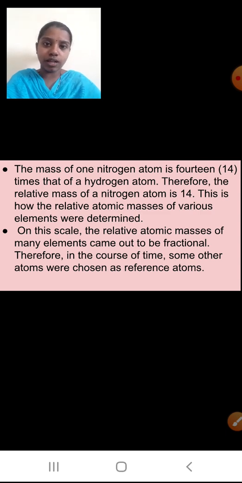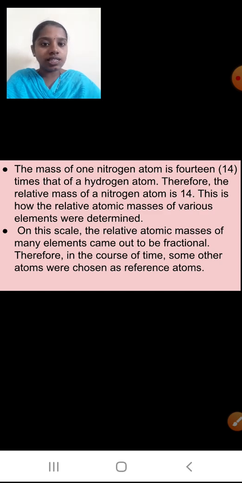Therefore, the relative mass of nitrogen atom is 14. This is how the relative atomic masses of various elements were determined.